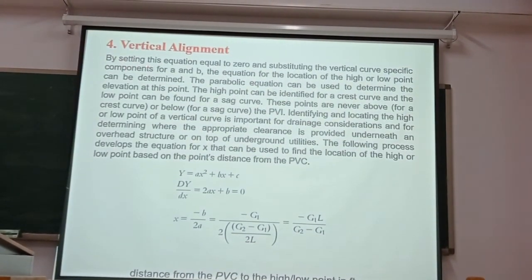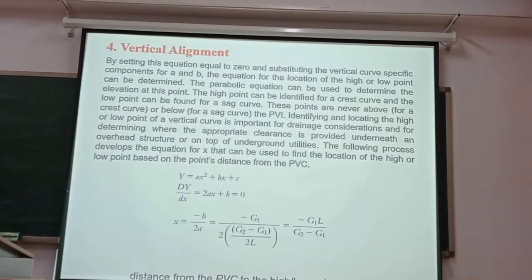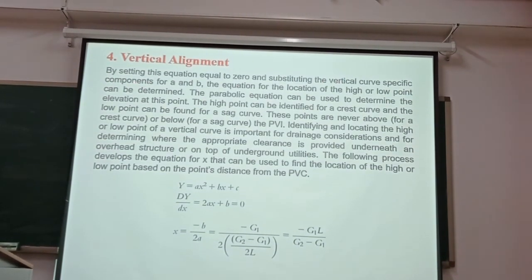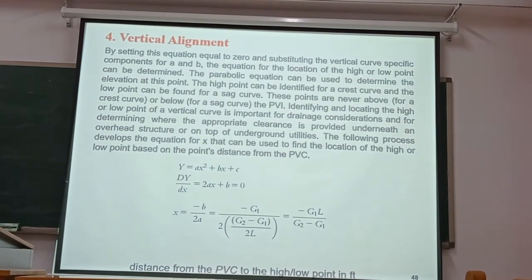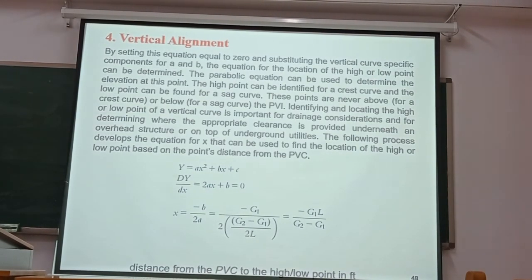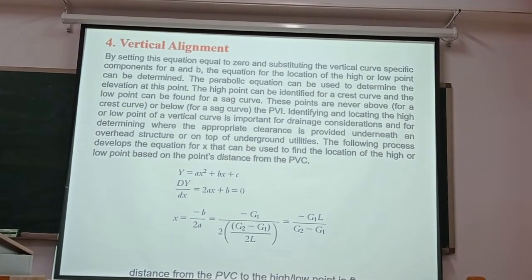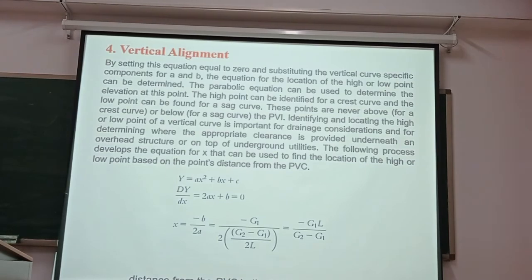By setting this equation equal to 0 and substituting the vertical curve specified components for A and B, the equation for the location of the high or low point can be determined. When we set the first derivative equal to 0, we can know the low or high point of the curve.